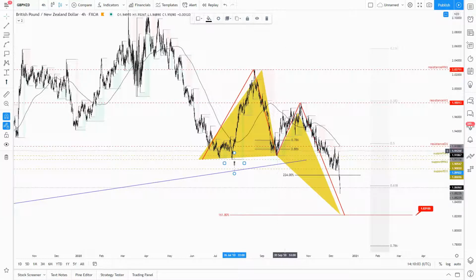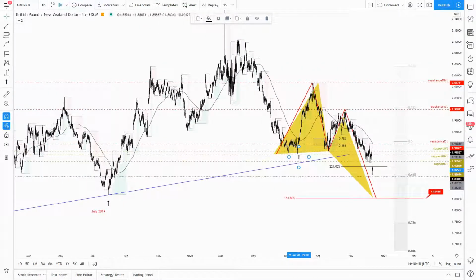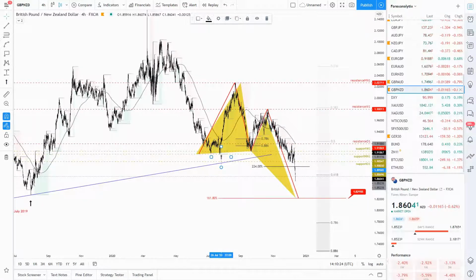It has been pushed to the 88.6 Fibonacci retracement, another bounce, and then finally, if the price decides to approach that level, we should pay attention. Another bounce should be expected based on the natural reaction for the pattern. So we expect a 38% Fibonacci retracement to be reached from there.